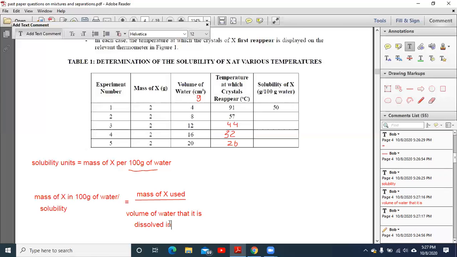And this would give you the mass of X that would be dissolved in 1 gram of water. Sorry, I put volume here. It should be the mass of water that it is dissolved in. But either way, you would get the same amount, because we're saying 1 gram is equal to 1 cm cubed for the water.